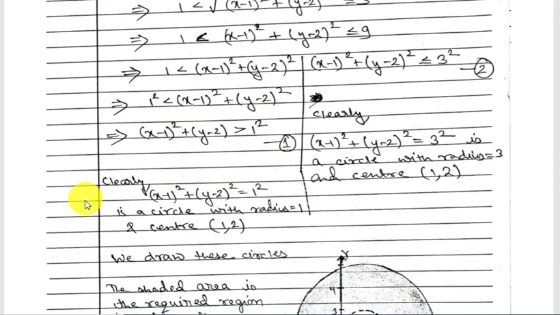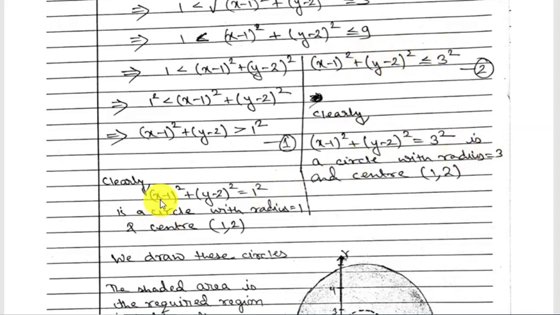So clearly, from these inequations you can get the circle part. This is the circle: (x minus 1) whole square plus (y minus 2) whole square equal to 1 square. And (x minus 1) whole square plus (y minus 2) whole square equal to 3 square is nothing but a circle.